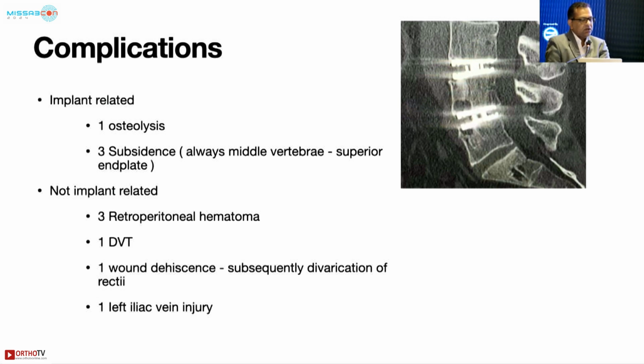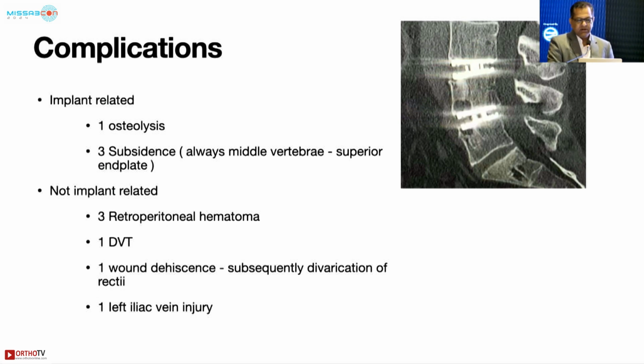We have seen 3 subsidence, and it always happened in the middle vertebra and in the superior end plate, which means the L45, and they were all implant related. And non-implant, we had 3 retroperitoneal hematomas. 1 patient got DVT, and in 1 patient wound dehiscence, and subsequently in the long term she developed divarication of recti.